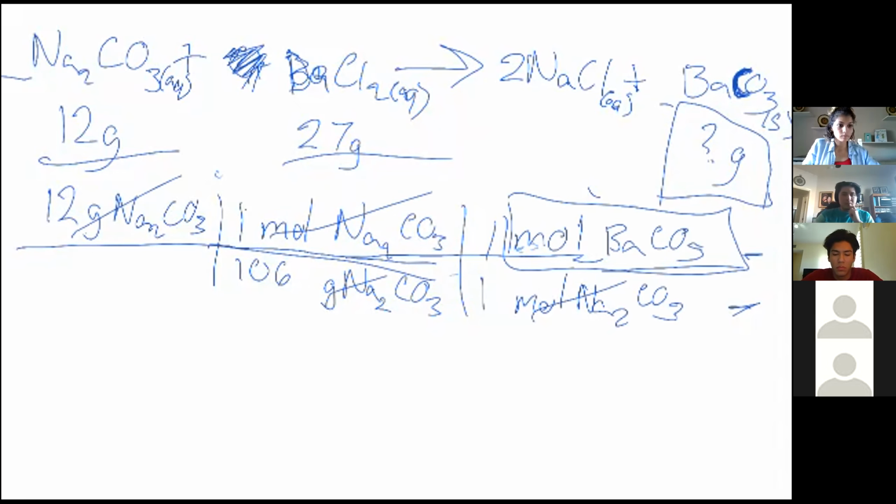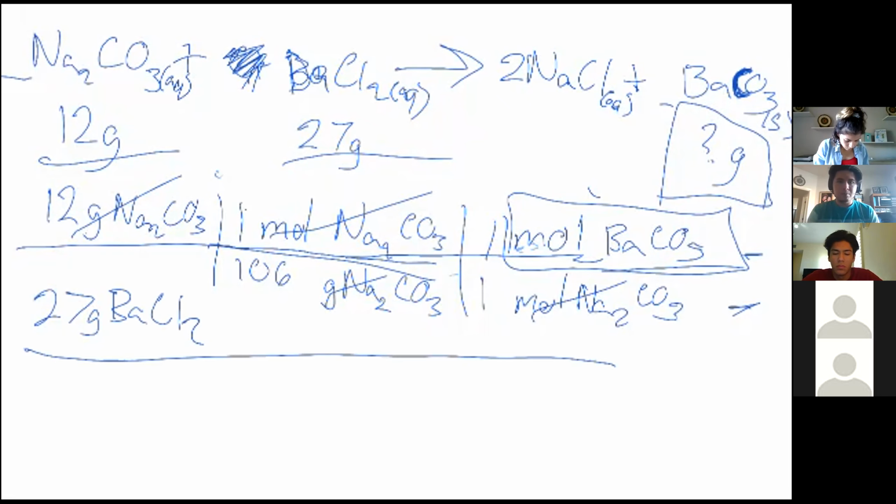Now, we did it for one of these. Now let's do it for the other one as well, right? So we have barium chloride, 27 grams of barium chloride. What's the molecular weight? 208.2.